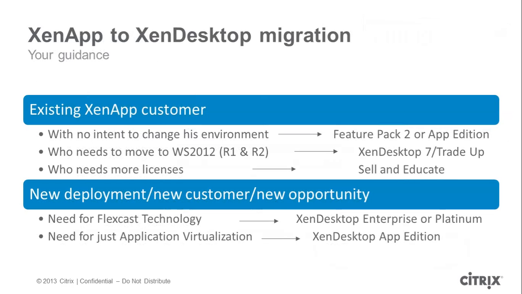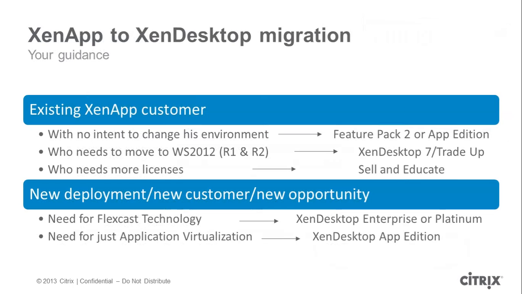So a little bit about XenApp to XenDesktop migration. Hopefully you've all heard that we are absolutely in this migration phase where we have taken the power of XenApp and the use cases and that ability to deliver apps and desktops from Windows Server, and we've now built that into the XenDesktop platform with XenDesktop 7.